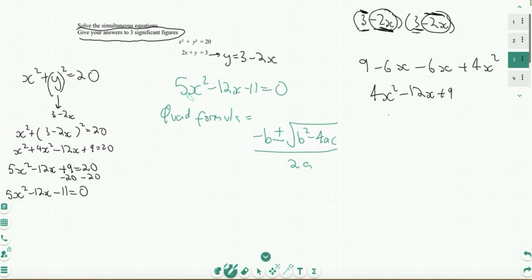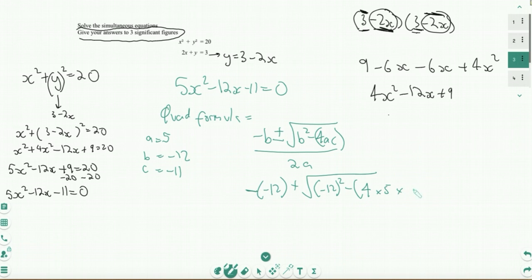Let's go ahead and fill it out. Let's write down our a, b, and c values. Our a value is 5. Our b value is negative 12. And our c value is negative 11. So let's plug this into our quadratic formula. Minus b is negative 12, plus or minus, we'll do plus first, the square root of b, so negative 12 squared minus, I like to put 4ac in brackets, minus 4 times 5 times negative 11, over 2a, so 2 times 5.